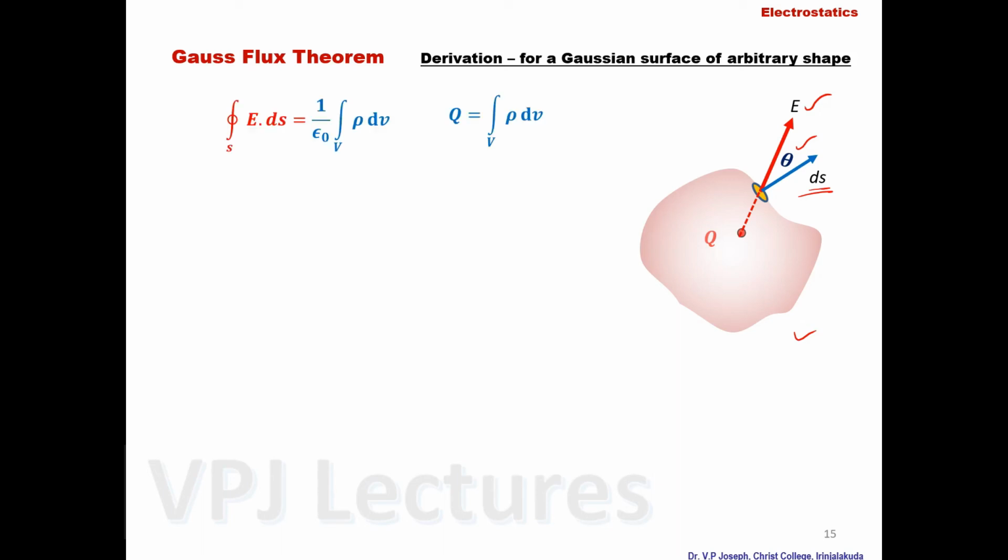And the component is, we can see, E ds. The starting expression is surface integral E dot ds is equal to 1 by epsilon 0 volume integral rho d tau. In the present case, there is only one charge inside, that is Q, so volume integral rho d tau is simply Q.